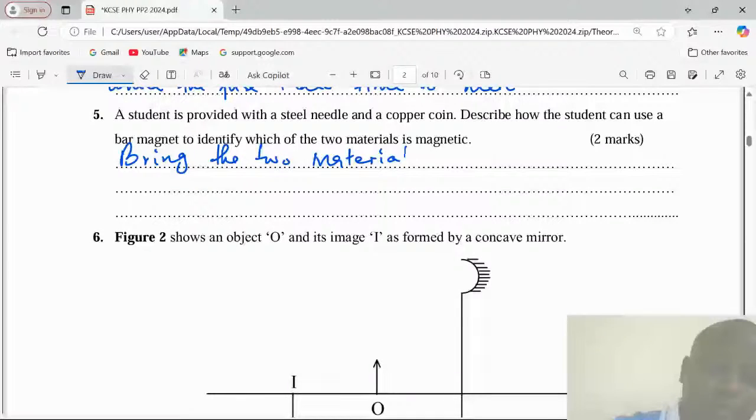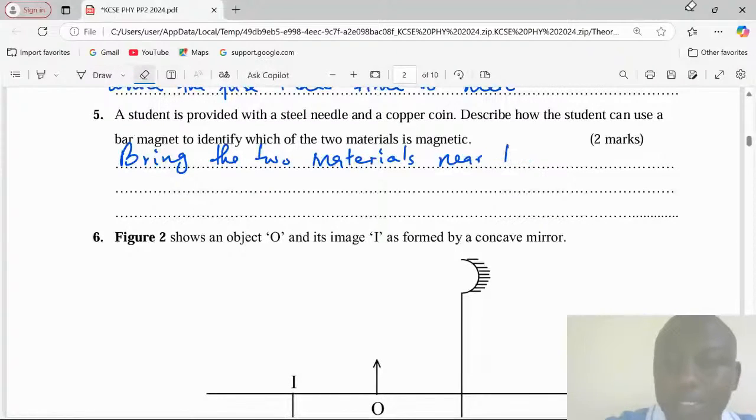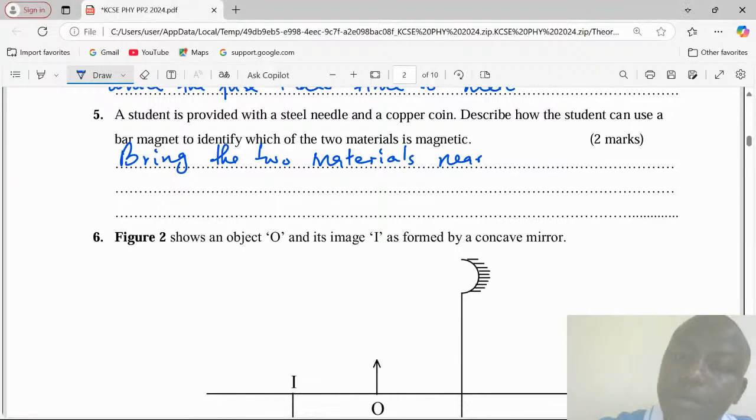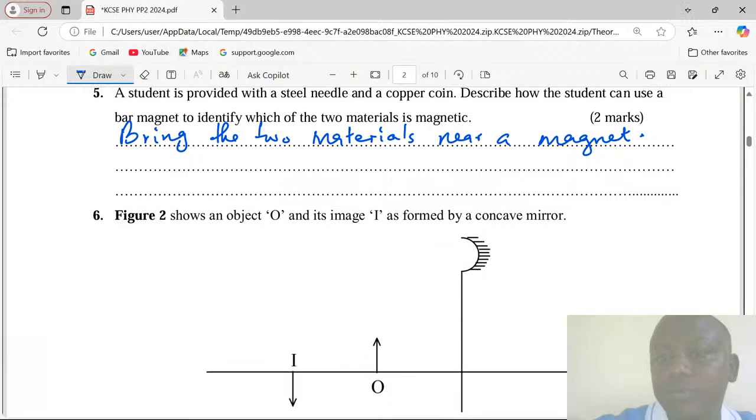Bring them near a bar magnet, or near a permanent magnet, one at a time.